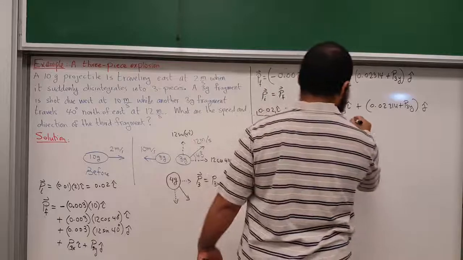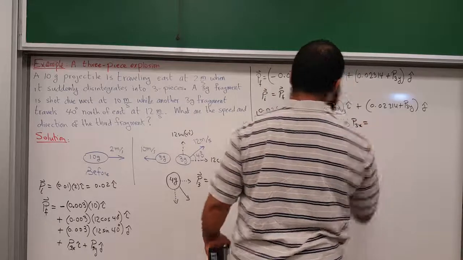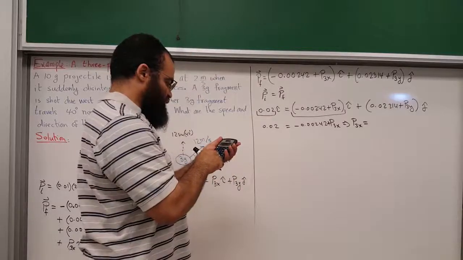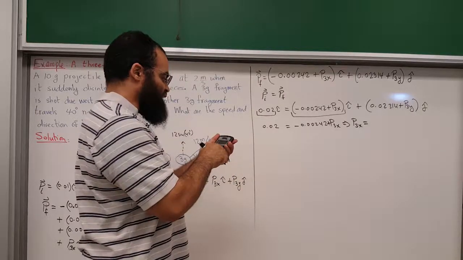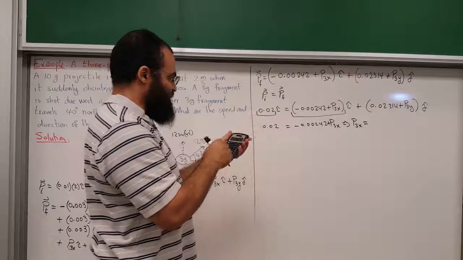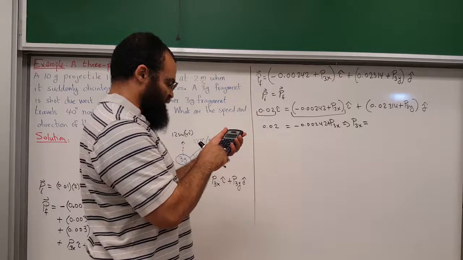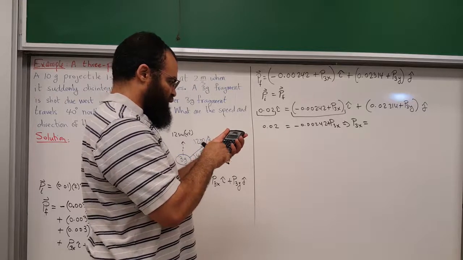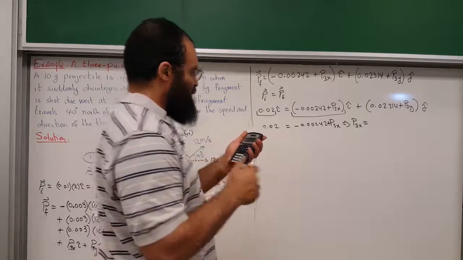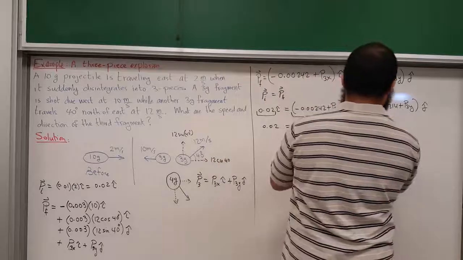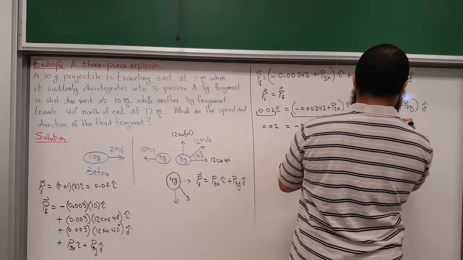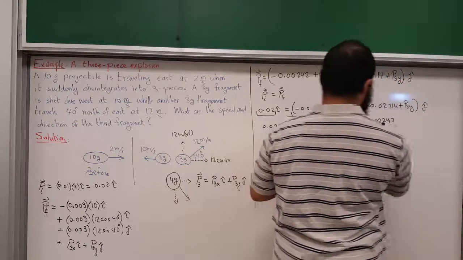And so we get the P3x component will be, when you take it to the other side, it becomes plus, 0.02 plus 0.00242. We get 0.02242. That's the momentum P3x.